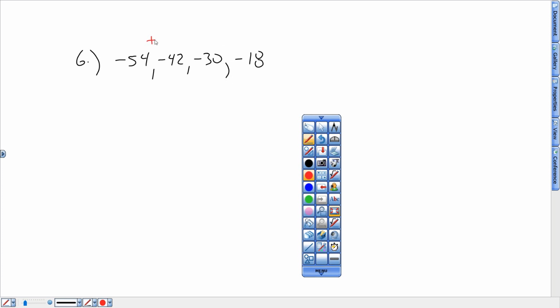But to get from negative 54 to negative 42, I'm adding by 12, making some of those negatives go away. This is my first term, second term, third term, fourth term. If I want to write recursive, easy as this, because I have the first term and I know I'm adding 12.